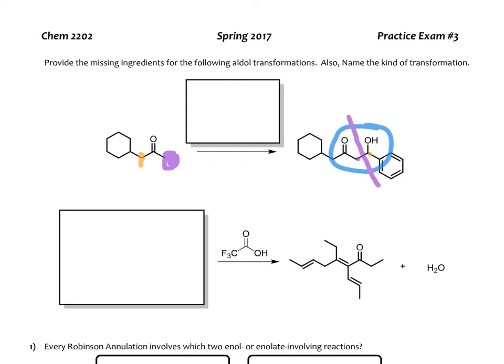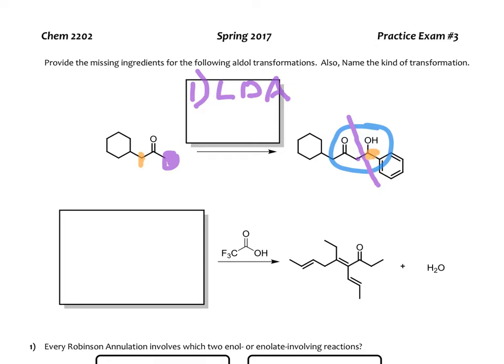In order to generate a kinetic enolate, your base of choice for aldol chemistry should be LDA. The other thing we need to know is that our nucleophile is always going to attack a carbonyl, either a ketone or an aldehyde, and you just look at what is attached to this orange carbon.